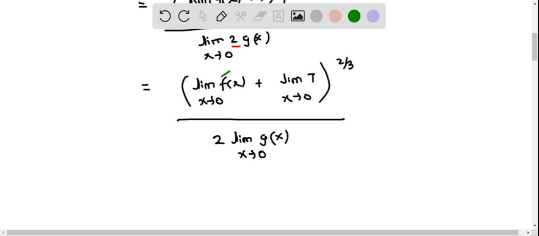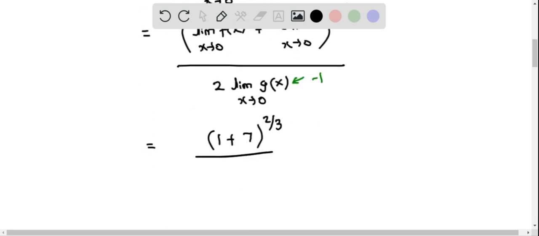So this becomes 1 plus, we have the limit of a constant; 7 is a constant, so the limit of a constant is the constant itself. So this becomes (1 plus 7) raised to the power of 2 thirds, and in the denominator we have 2 times the limit of g of x, which is negative 1, so this becomes 2 times negative 1. In fact, I replace this with negative 2.